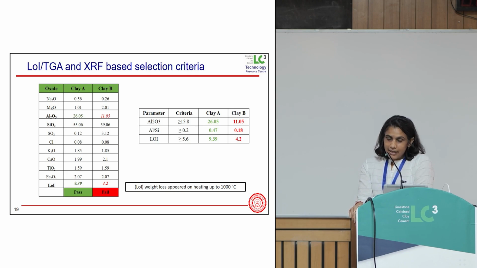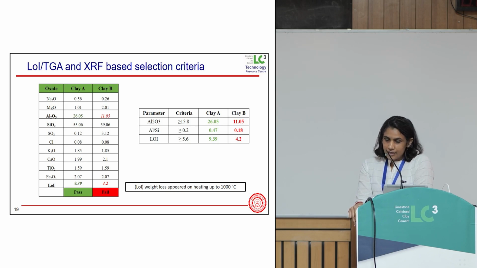The second criteria is alumina by silica ratio. For clay A, this is 4.7. It is qualifying this criteria too. For the LOI, the criteria is 5.6. For clay A, it is 9.39. So clay A is suitable and it is qualifying the criteria. So it has passed the quality check for the production of LC3.